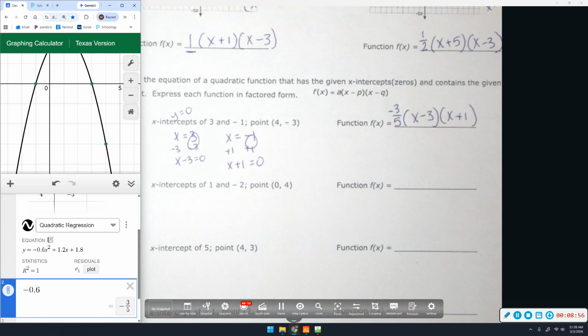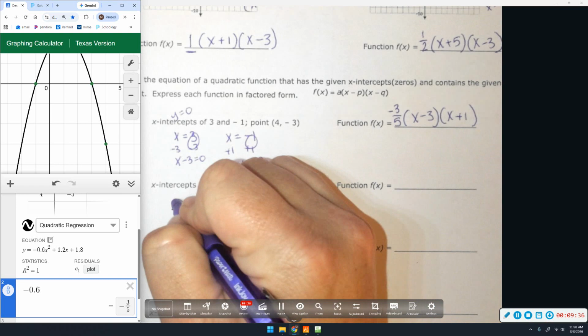Okay, I want y'all to try number 4. Ready, go. Try number 4. So you put these 2 into the calculator?